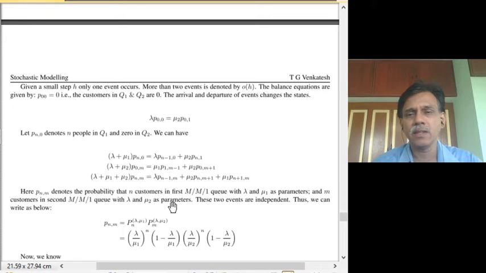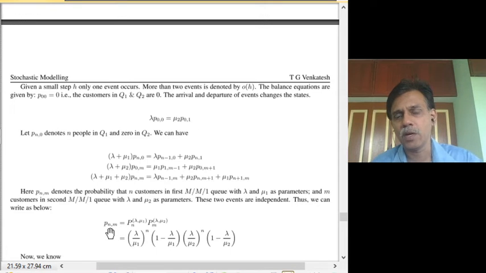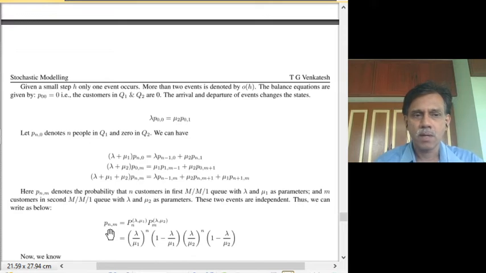So we have written the detailed balance conditions, you can solve them, and if you solve, you will get the general state occupancy probability of this bidimensional Markov chain. Pnm can be obtained.